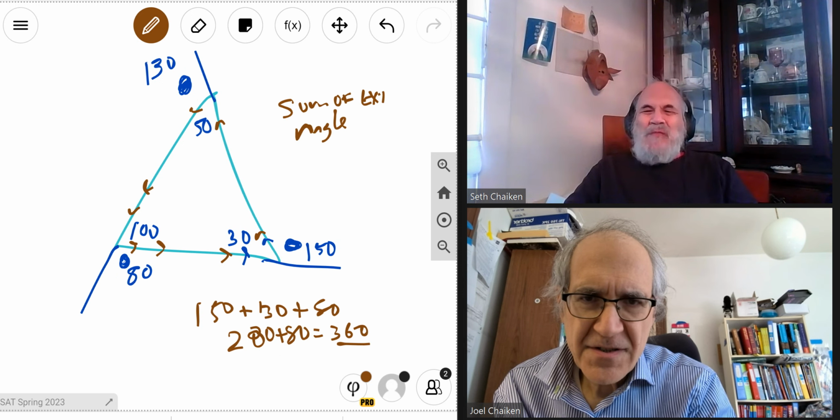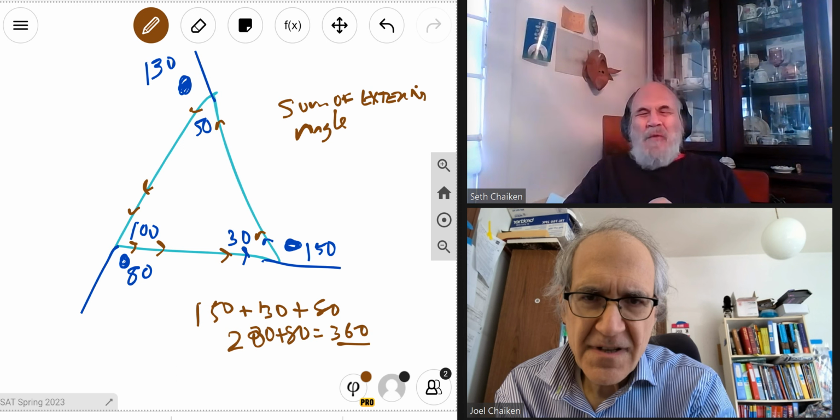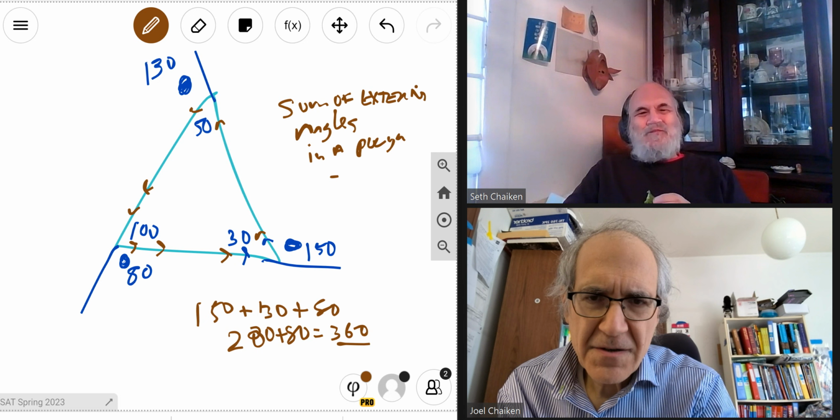The sum of exterior angles in a polygon equals 360.